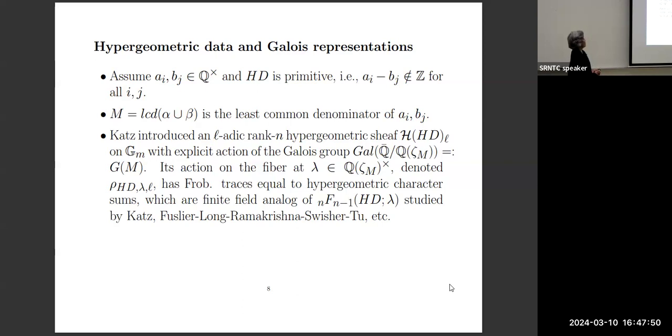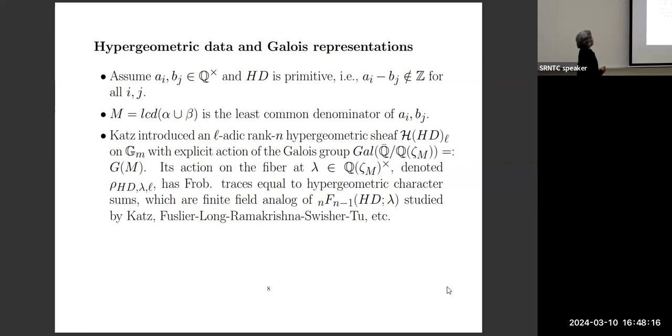This we will always assume. We look at the denominators in the A_i and the B_j and take the least common denominator. We call that the level of this datum, that's M. So on the algebraic side, we are going to have a very similar situation to what we have just seen over the complex side.